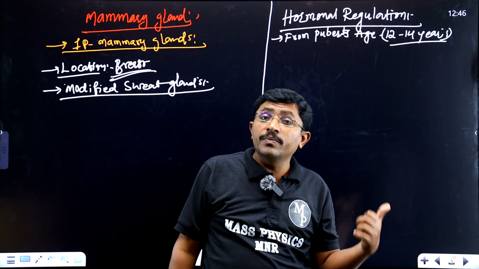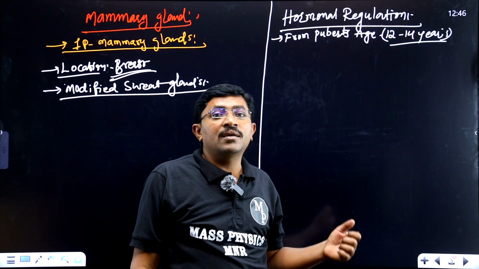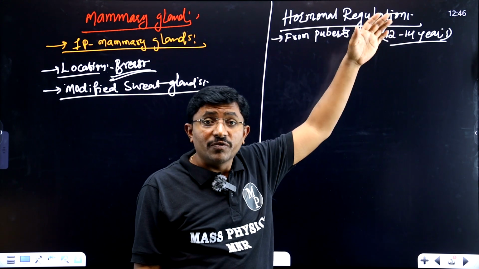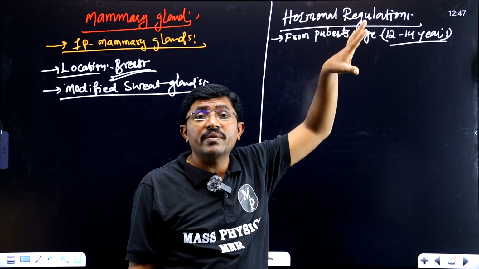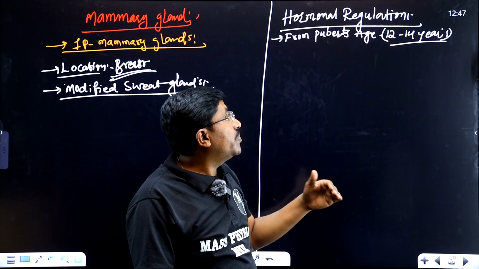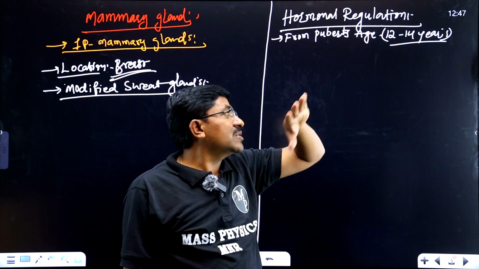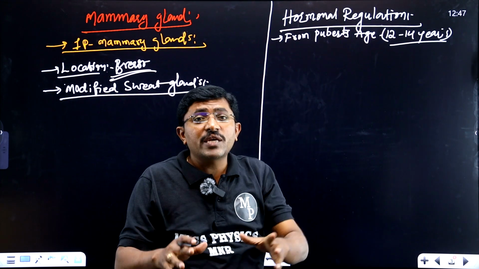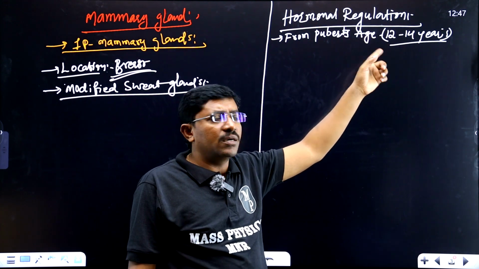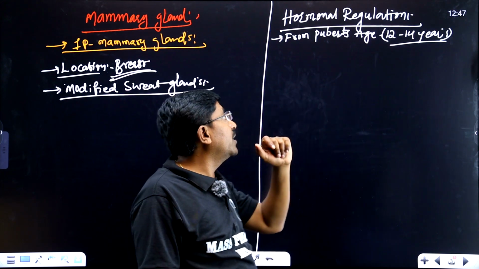In some human beings the puberty age begins at the 12th year, 13th year or 14th year. In rare conditions it may be delayed, to the 15th or 16th year. In human females the menstrual cycle begins in some females in the 12th year, in some the 13th, in some the 14th year. This is the puberty age.